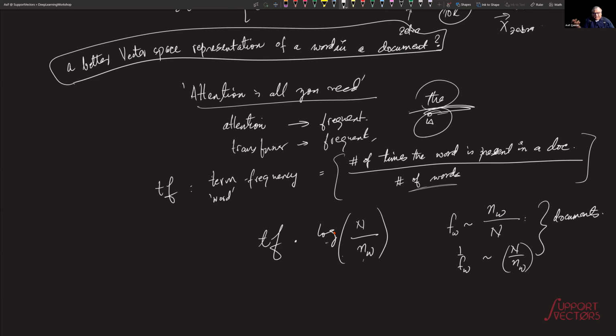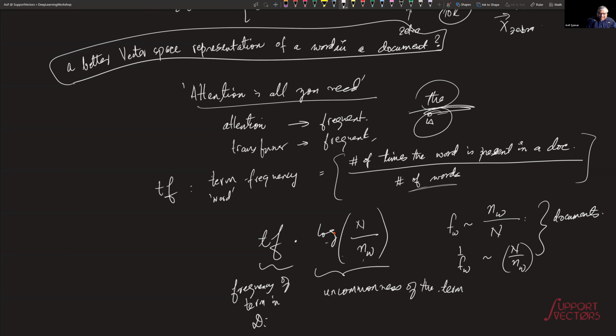In a very rough and ready sense, we are saying this is essentially the uncommonness factor of the word, of the term. And this is the frequency of the term in a document D_i.